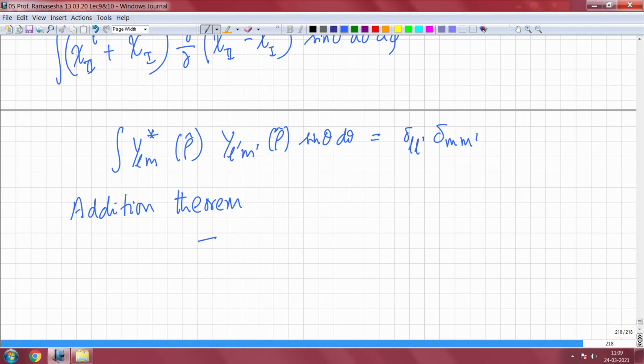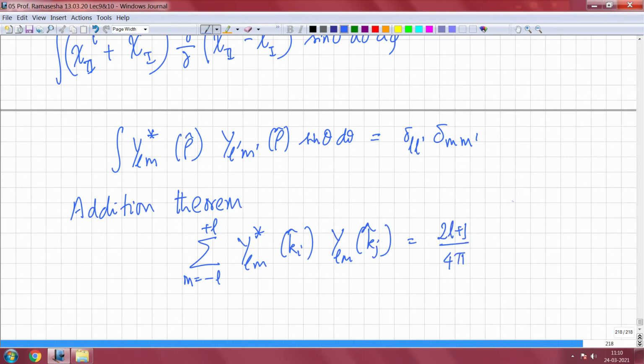What this addition theorem says is the following: the sum over m equal to minus L to plus L of Y L M star k i, Y L M k j, these are all the angular parts, is equal to 2L plus 1 upon 4 pi P L, the angular part of the dot product of the two vectors, which is k i dot k j.